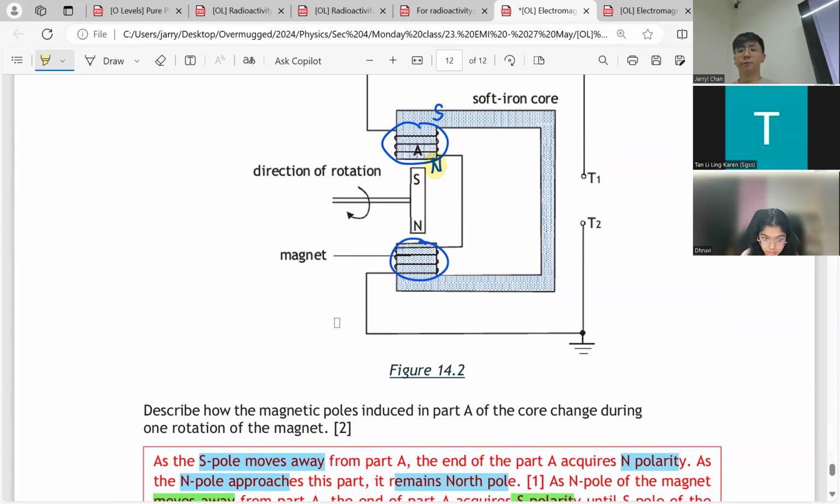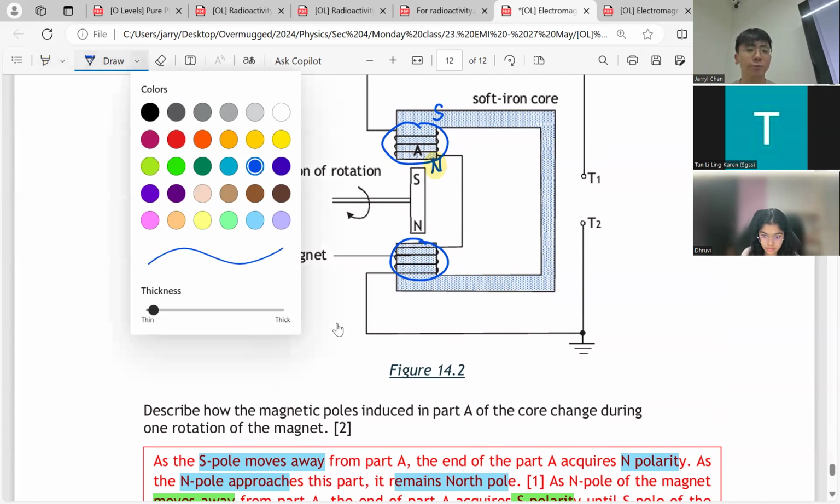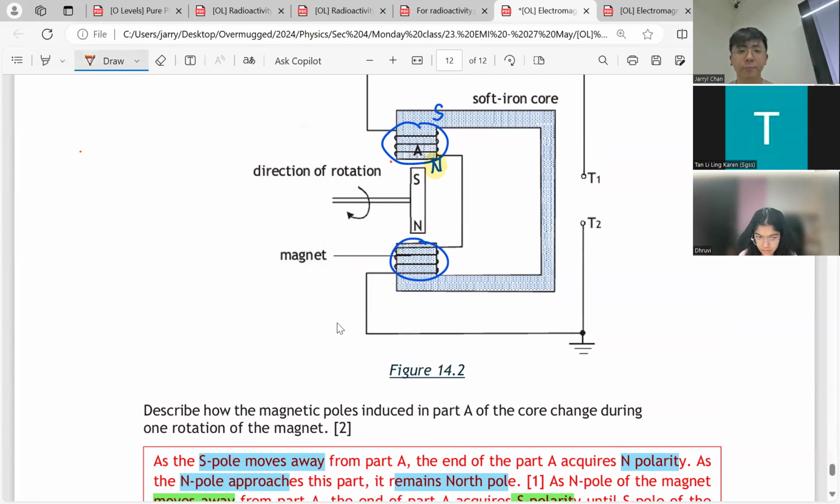Second one, I think you can guess what happens. Now the north pole is trying to move away. What happens? Like a toxic ex-girlfriend, I want to induce a south pole. The magnet has rotated this way.